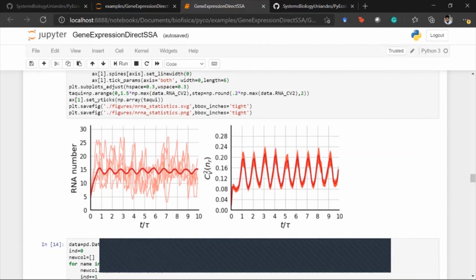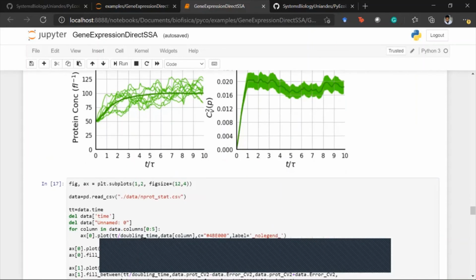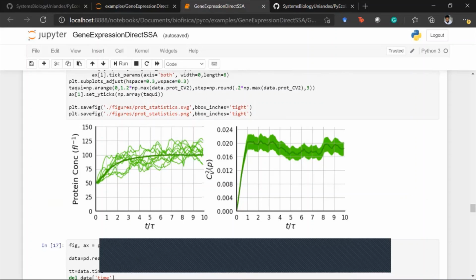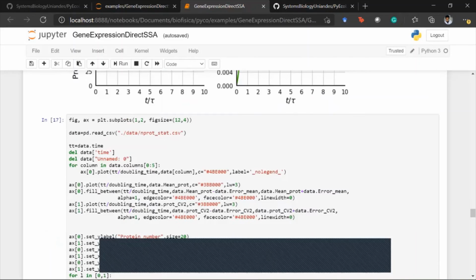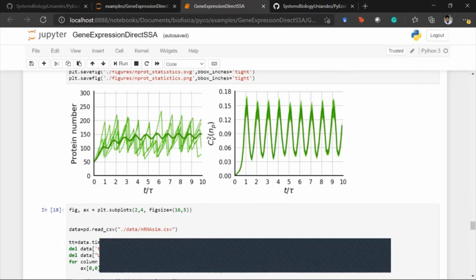You can also see here the number of RNAs along the time, and some trajectories of some cells in the background, and how the CV square of the number of RNAs changes along the time. The protein concentration as well, and some trajectories of the protein concentration along the time, and the CV square of the protein concentration. The number of proteins as well.